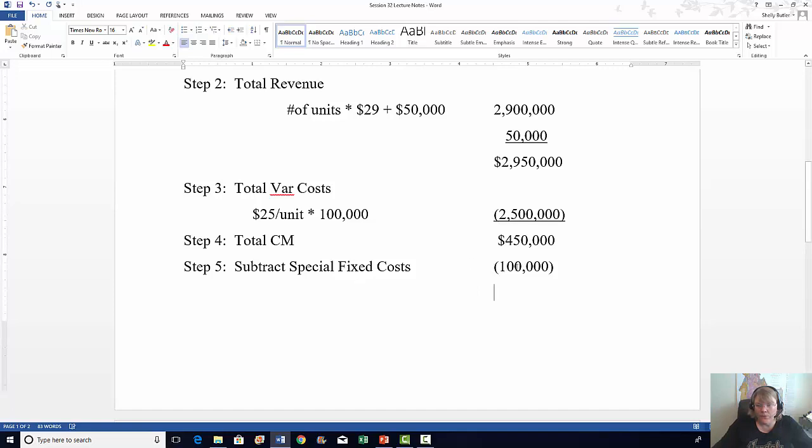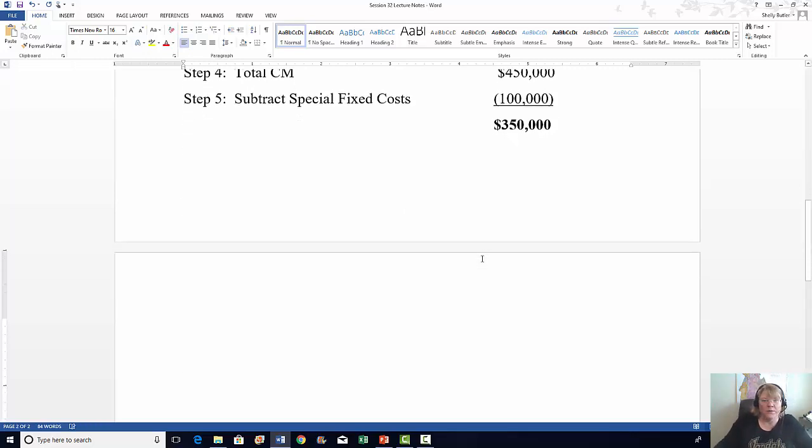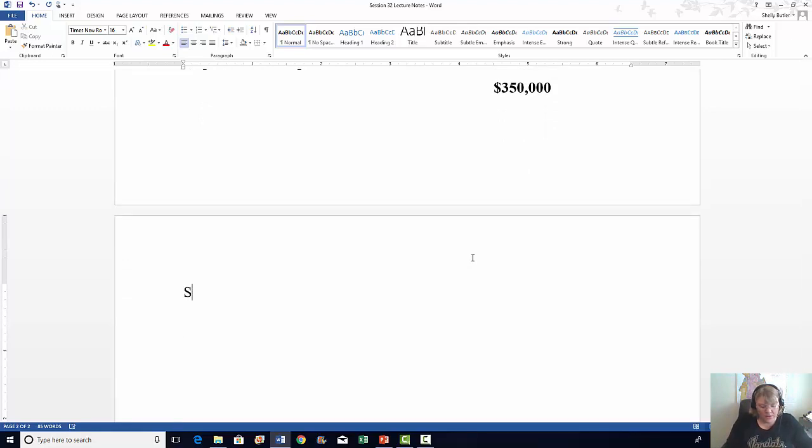So let's get that. I'm going to have to bump down to the next page. So our total with excess capacity, I'm going to bold that, is $350,000. Now I'm going to bump this down just because I know it's going to bump right in the middle.